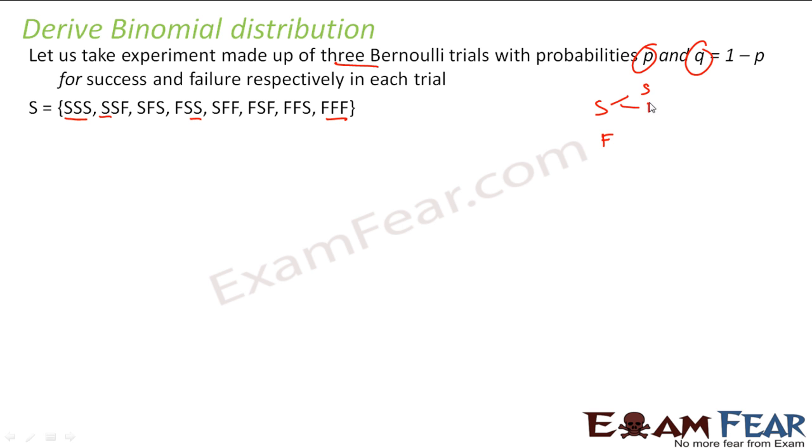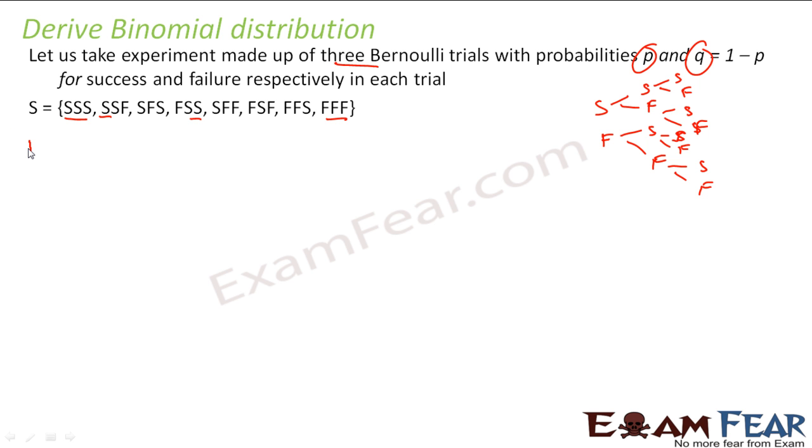You can again have success or failure, again success or failure, here also success or failure, and here also success or failure. So you can have SSS, SSF, SFS, SFF, FSS, FSF, FFS, FFF. This is what I've written, right?